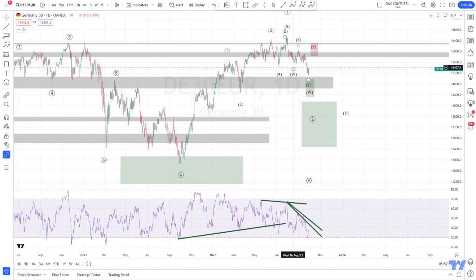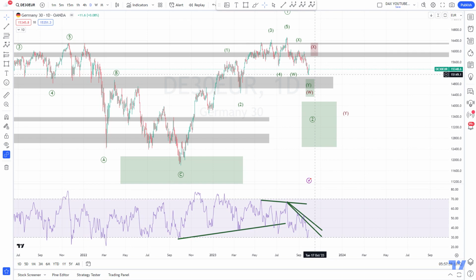For the moment, this does not really look plausible, because we are acting corrective now. This does not really look like an impulse with what we have now. However, it is something that could be possible.